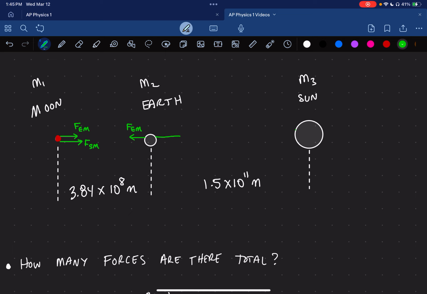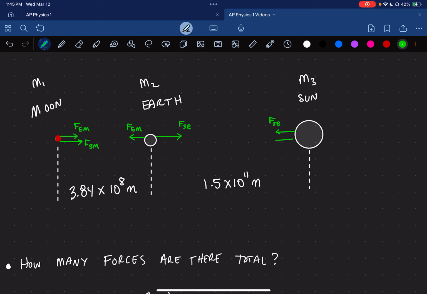The Earth is getting pulled towards the sun. So I'll say sun on Earth, FSE. The sun also gets pulled this way from the Earth. Let's call that F, what do I use, SE? They are equal in magnitude.